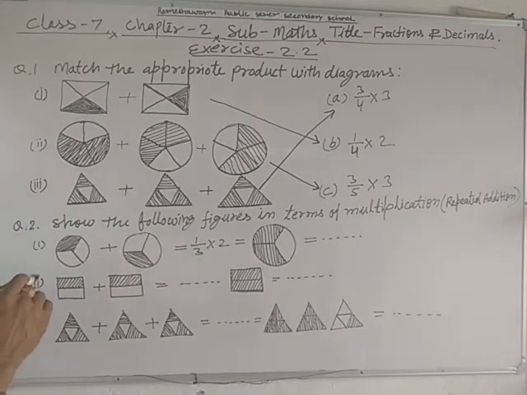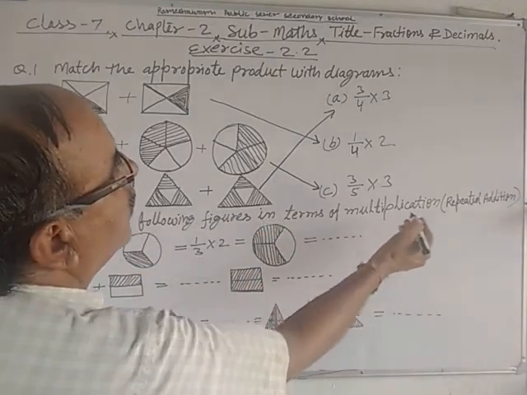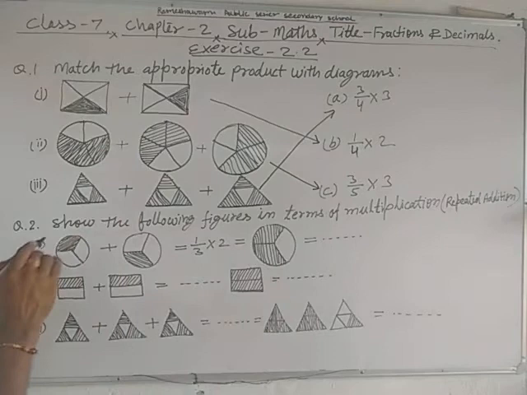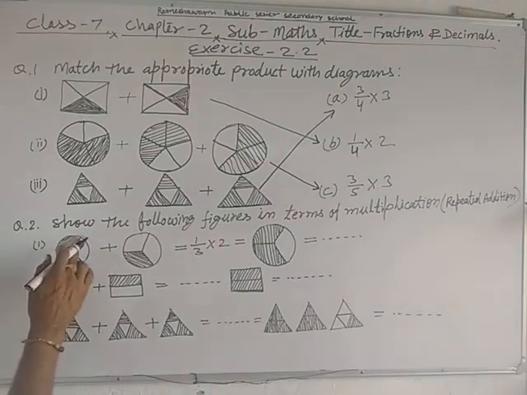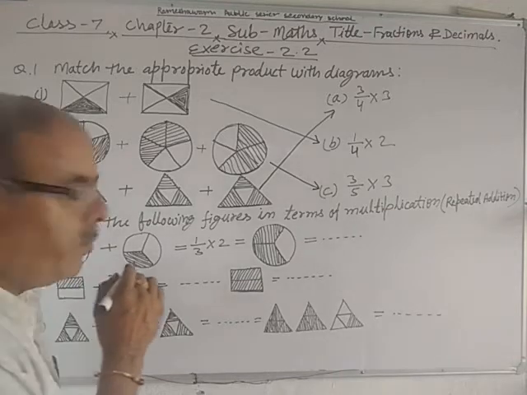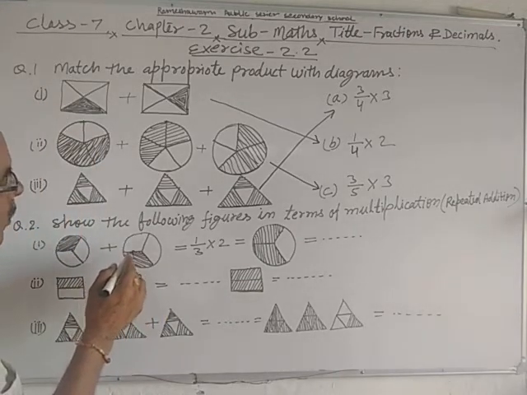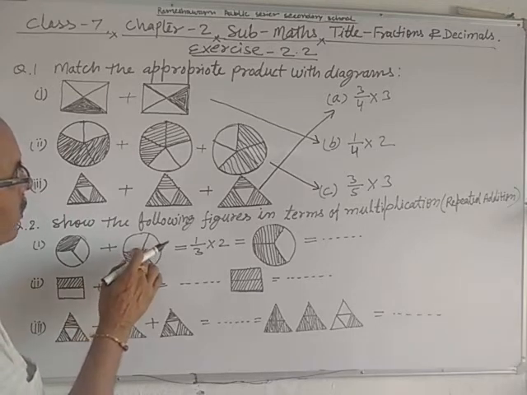And question number 2. Show the following figures in terms of multiplication. This figure has 1, 2, 3 parts. One part is shaded, one part is shaded, and one part is shaded, and it has 3 parts.